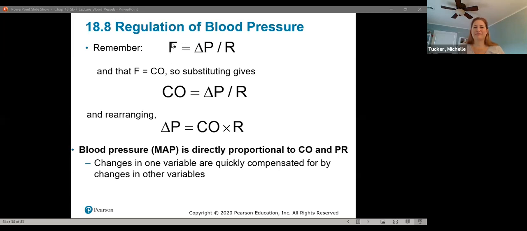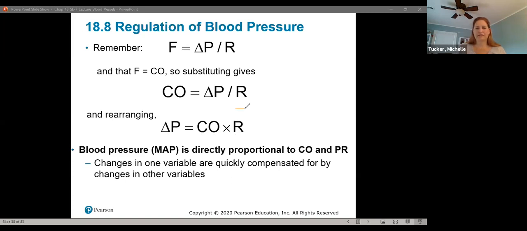If you substitute cardiac output, the flow of the circulatory system, for F, and then rearrange this relationship, to get rid of something that's divided, you multiply by both sides. So the change in pressure, the mean arterial pressure, is directly related to both cardiac output and resistance.